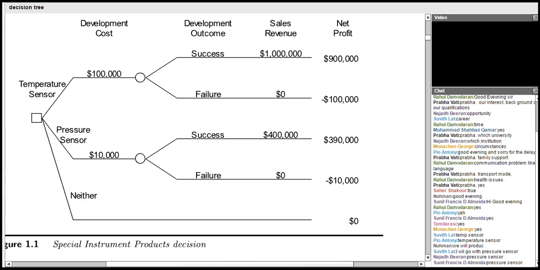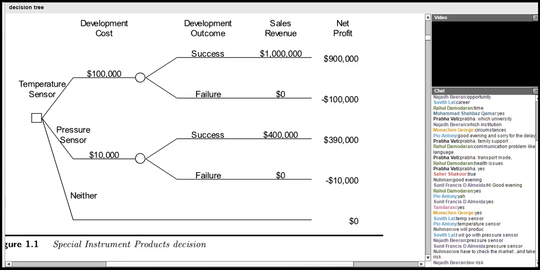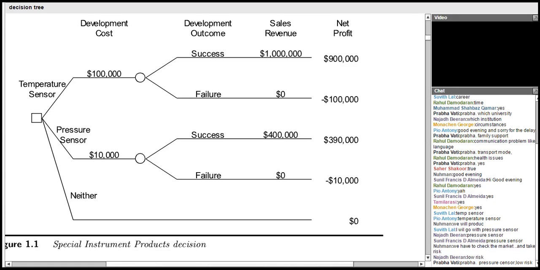Now, what is the rationale behind it? Why do you want to produce a temperature sensor, or why would you decide to produce a pressure sensor? Can you add a little more information to your choice? You can abbreviate it: put PS for pressure sensor, or TS for temperature sensor. You can say TS because blah blah blah, like that.